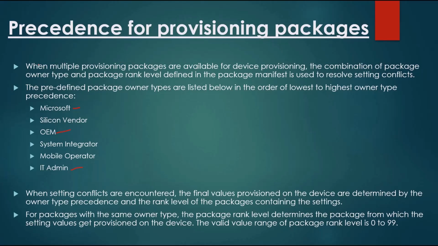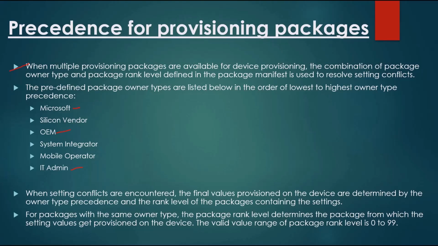So the long story short here is that there are multiple provisioning packages available for device provisioning, and if more than one package is involved, then the owner type and something called package rank define the settings of which package is going to be used if there is a conflict.